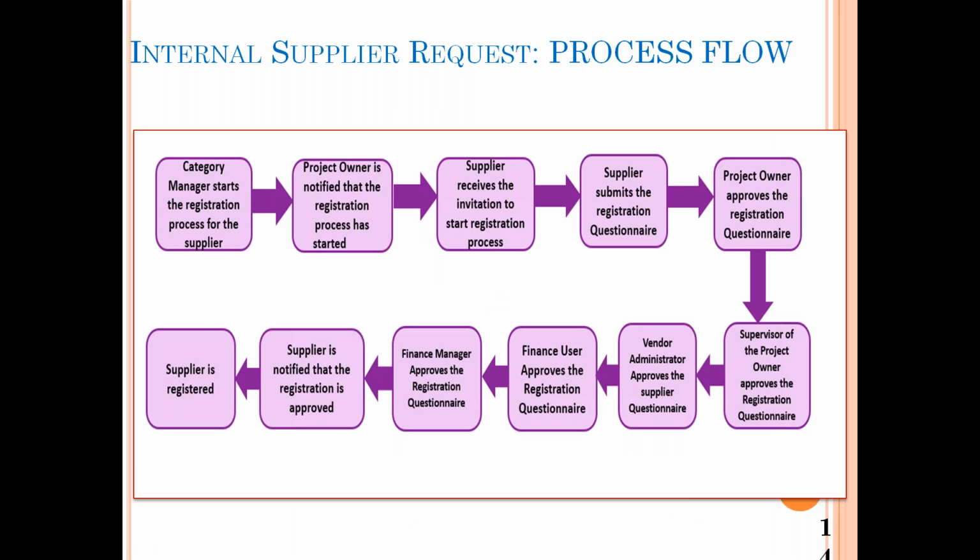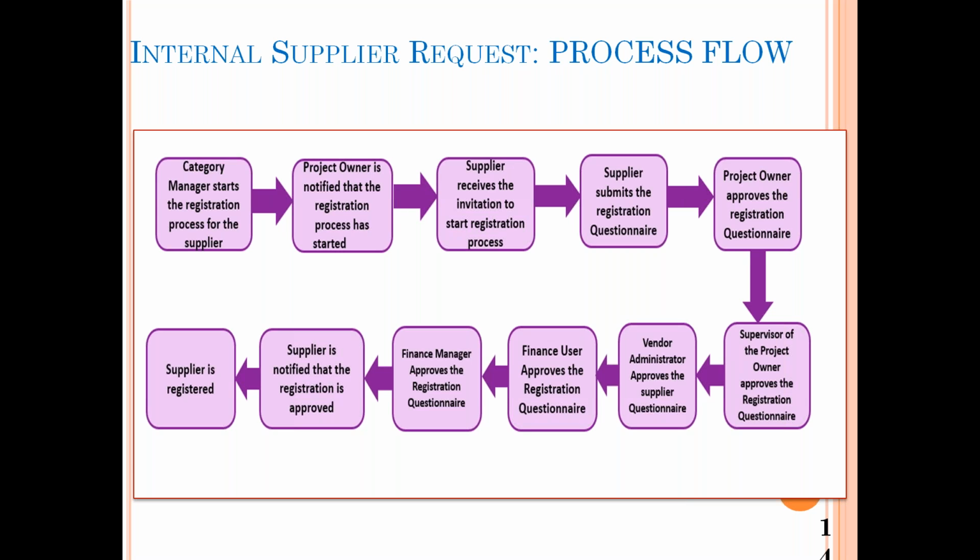Okay, after that, here you can see the internal supplier request process, meaning how it goes in this flow. There will be a category manager, and that person starts the registration process for the supplier. There will be a project owner, who can be anyone from the business side.